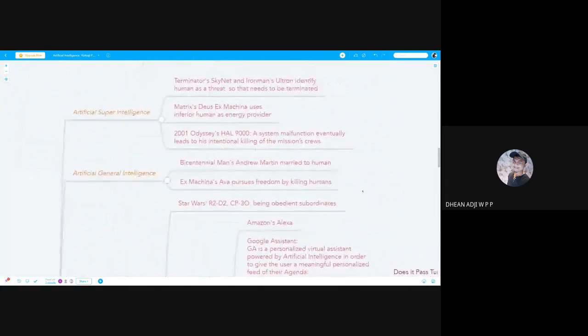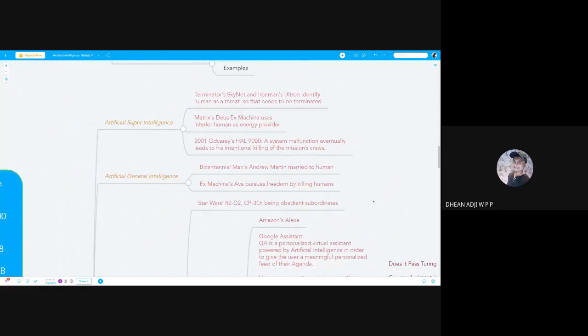For artificial intelligence, there are many examples, and as Seth has said before, they are categorized into multiple types, such as ASI, AGI, and ANI. An example of an ASI would be something like the Terminator's Skynet and Iron Man's alternate, where they identify humans as a threat.